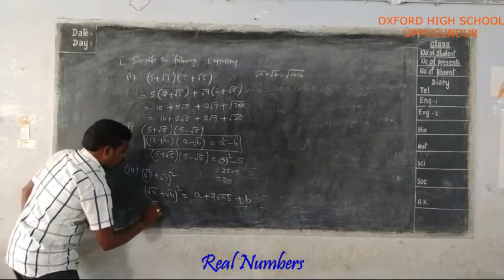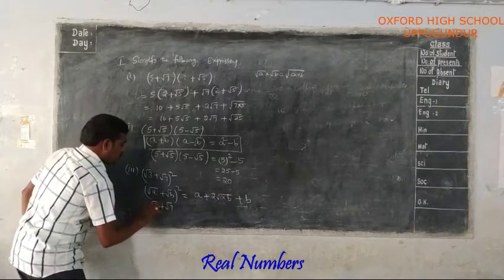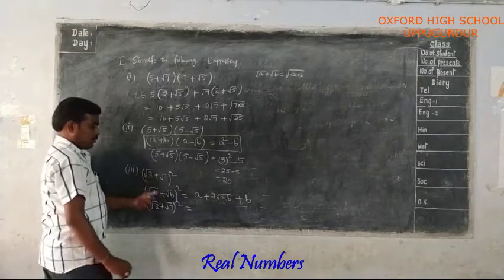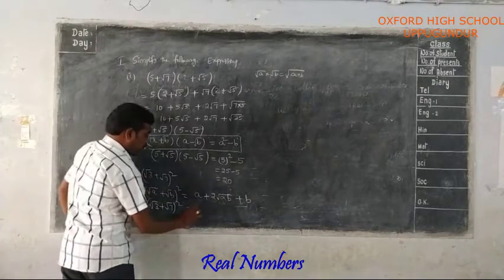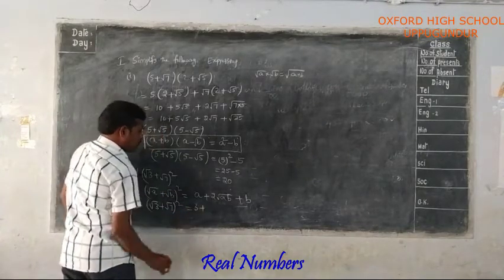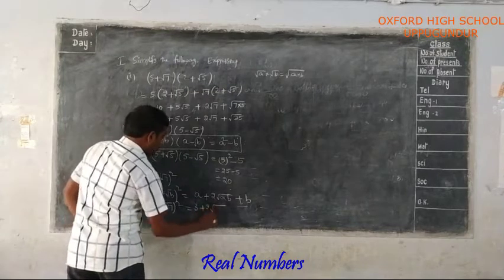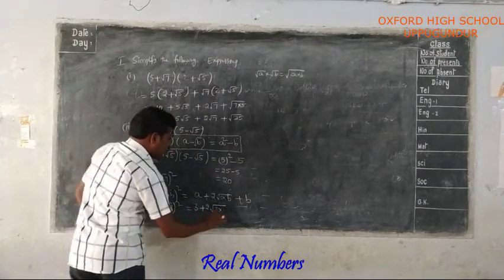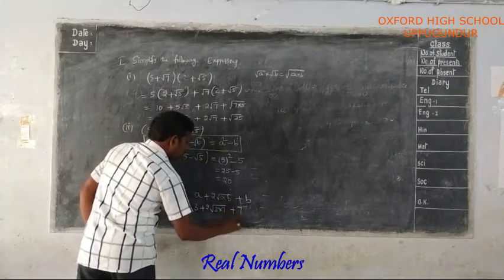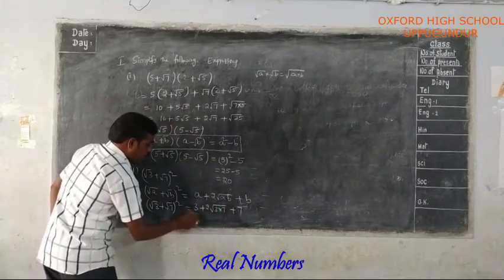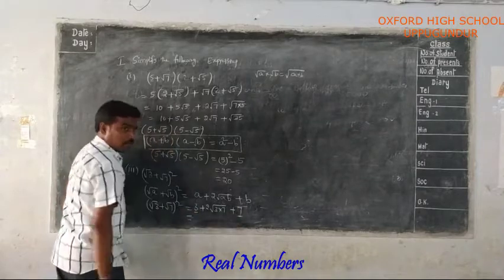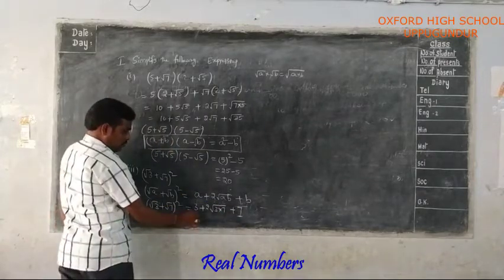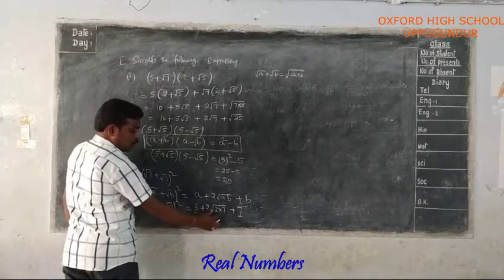Now (√3 + √7)² we can write as: in place of a, 3, plus 2 into the square root of a, which is 3, into b, which is 7, plus b, which is 7. These two are like terms because those two are rational numbers; this one is an irrational number.